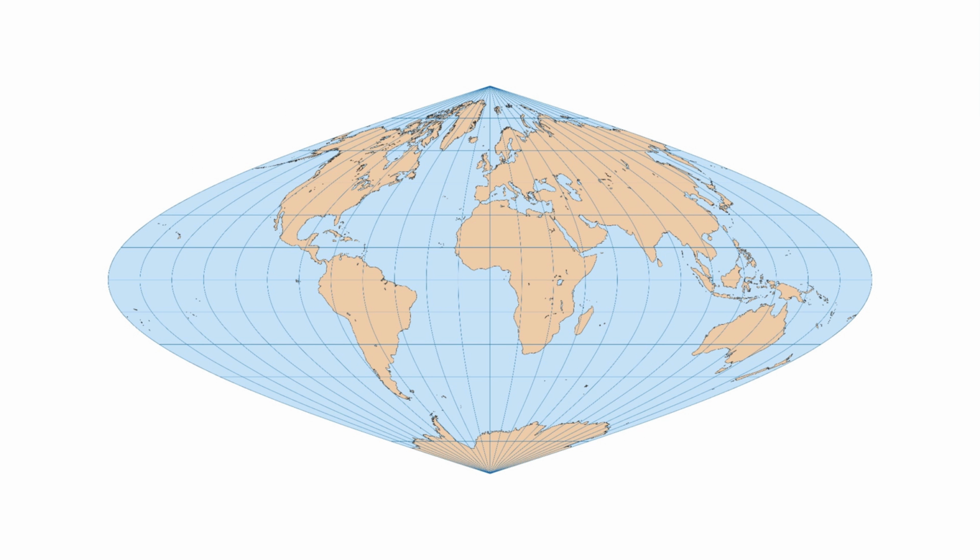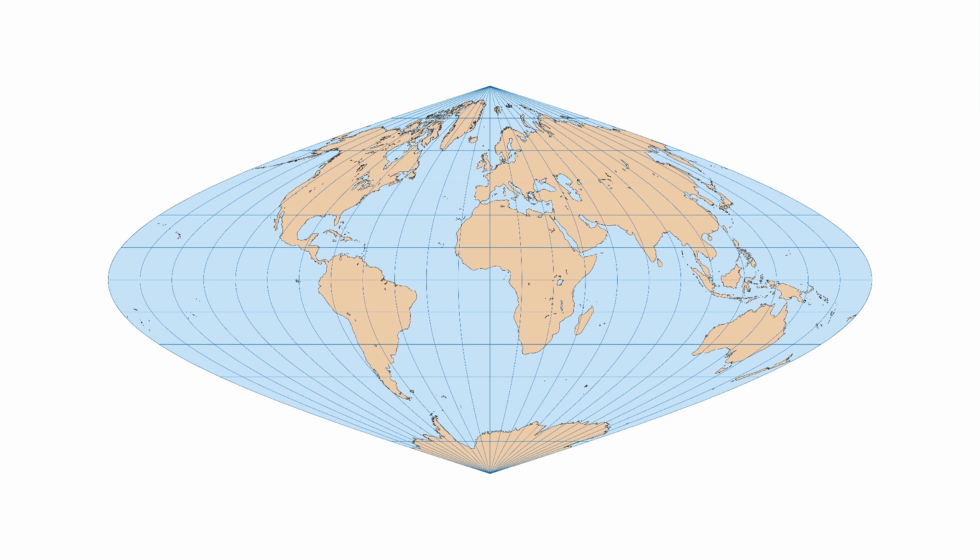This is the sinusoidal projection. And so what we have here is we now have an equal area map. So this accurately shows the size, but it also has that situation where the North Pole and the South Pole are accurately shown as points, where all those lines of longitude come together and meet at either the North Pole or the South Pole.